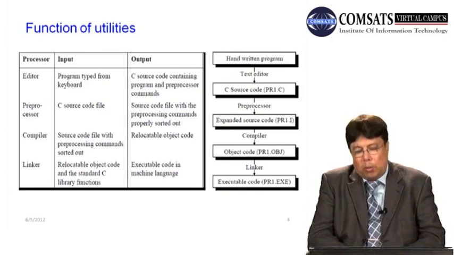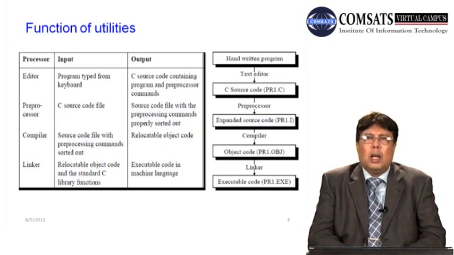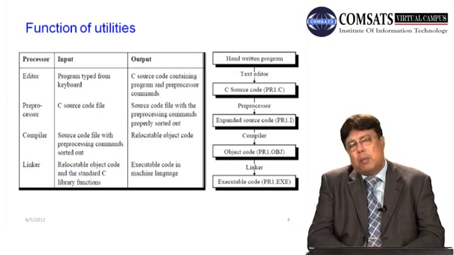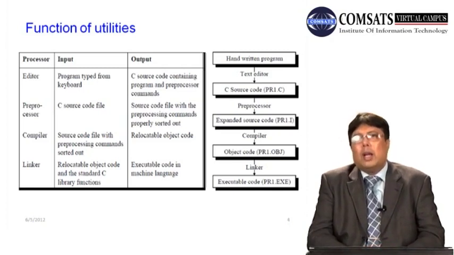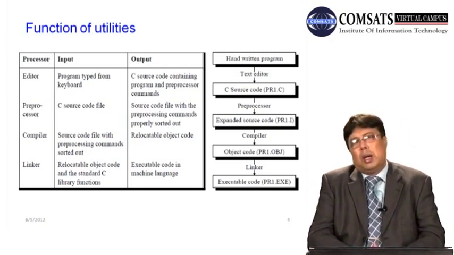Then remember, we use the compiler command, and the compiler basically takes the output provided by the preprocessor and converts it into the object code. This object code is also called relocatable code. Why is it called relocatable code? Because you can relocate it into the memory of the computer. You can place it anywhere in the memory of the computer, but you cannot execute it. Why can you not execute it? Because the address resolution has not been done.